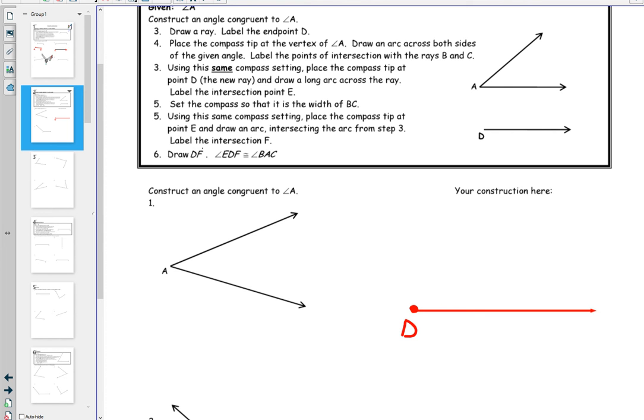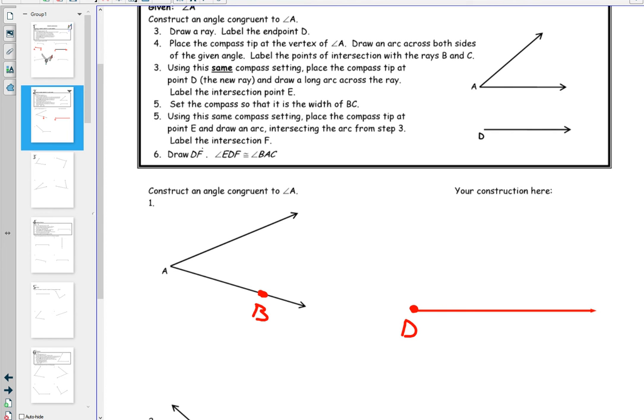I would like for you to replicate what I'm doing here, yeah, that's nice. Okay, now let's pick a point here on the original angle, and let's call that point B, because it looks like they want us to call one of the original angle BAC and the other one EDF.